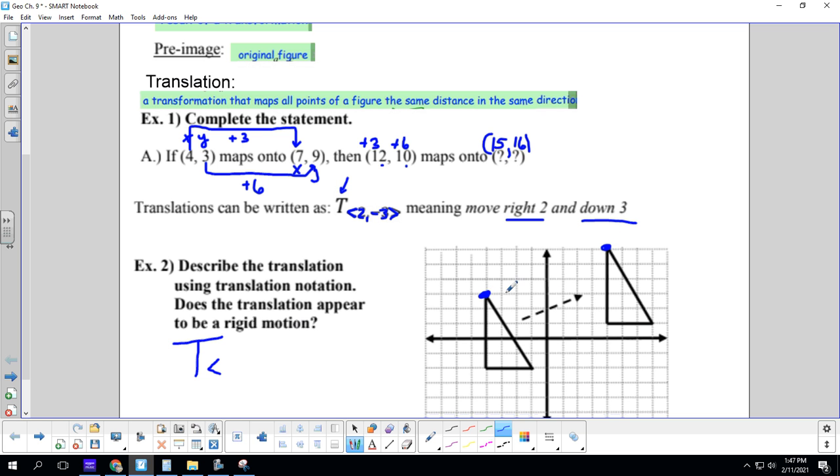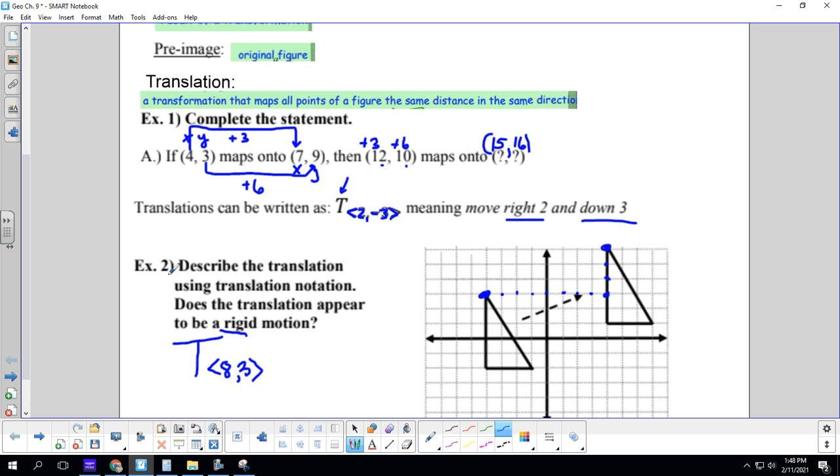So how far to the right do we move? 1, 2, 3, 4, 5, 6, 7, 8 to the right. And then how far up do we move? 1, 2, 3. 3 up.